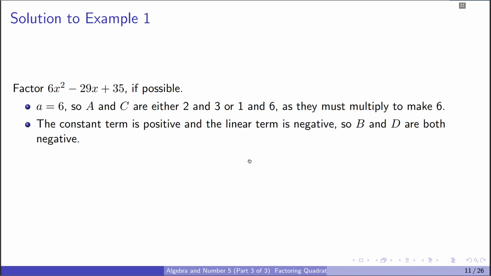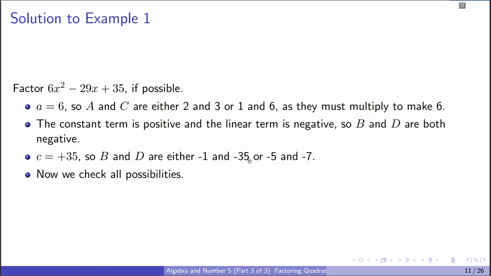The constant term is positive, the linear term is negative, so our B and D terms are both negative. Constant positive tells us the signs have to match. Linear negative says they have to be the same. So if c is positive 35, B and D are either negative 1 and negative 35 or negative 5 and negative 7.